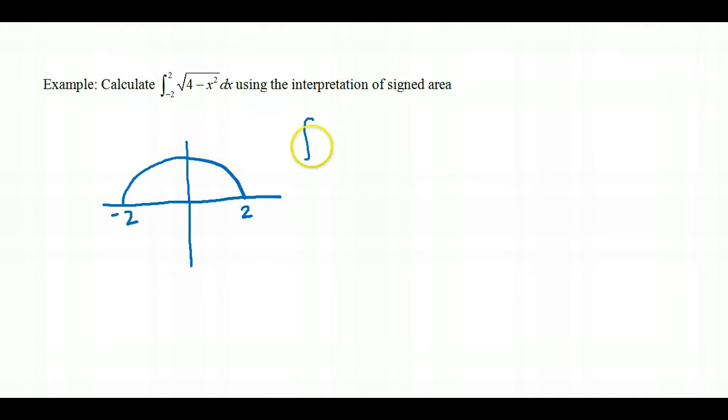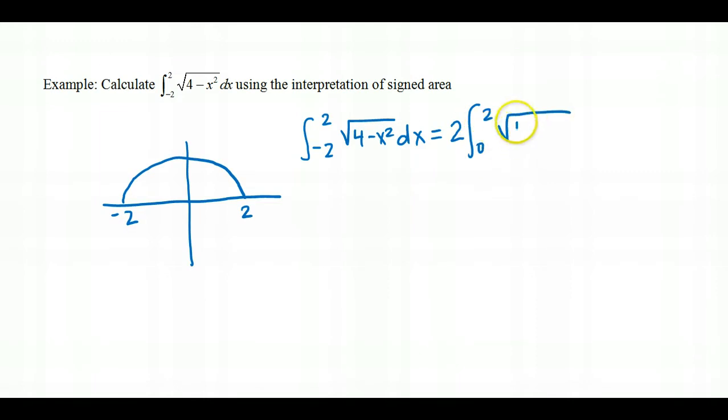So instead of evaluating the integral from negative 2 to 2 of the square root of 4 minus x squared dx, I can evaluate double the integral from 0 to 2 of the square root of 4 minus x squared dx. And hey, we already found this integral last time. It was just pi. So that must mean that this is now 2 pi.